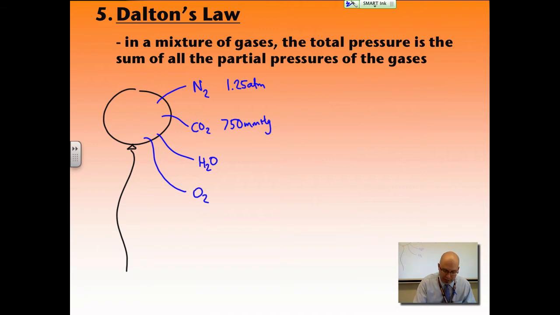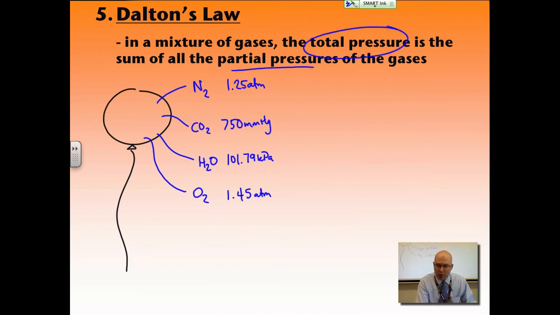The water is 101.79 kPa, and the oxygen is 1.45 atmospheres. It'd be a pretty strong balloon if it has all those types of pressures, but it could be a tank, whatever. Here's all your partial pressures.